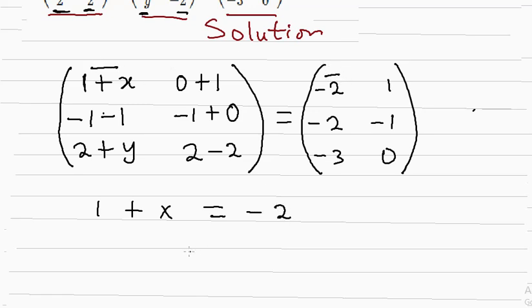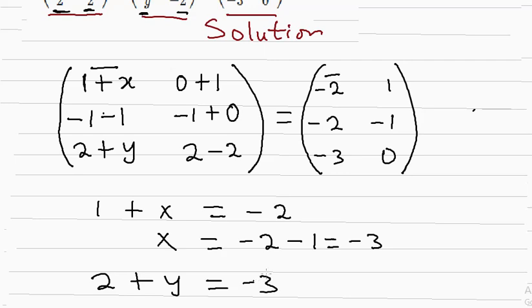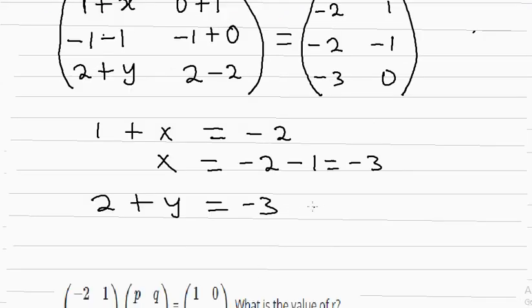So with what I have now, I can conclude that x is equal to minus 2, of course, minus 1, which is minus 3. For me to find y, I'm going to equate 2 plus y is equal to minus 3. So from what I have here, y is equal to minus 3 minus 2, which of course is minus 5. As simple as that.